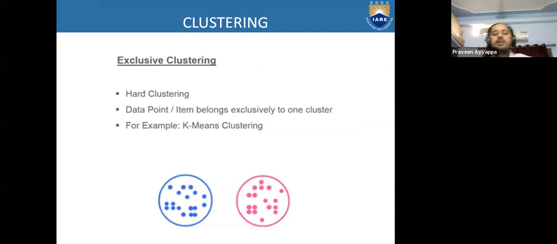If you look at the two different clusters here, one cluster is represented in blue color and the other in pink color, where the objects in the blue cluster are represented as blue dots and in the pink cluster as pink dots. The example for this is k-means clustering, where we don't have any sort of resemblance.